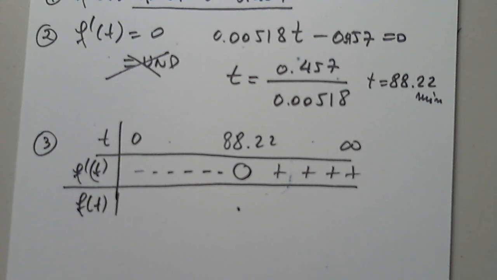Okay, so I have 0.00259 times 88.22 squared, and then minus 0.457 times, again, 88.22. Finally, plus 36.237. And enter. So it's 16.08.